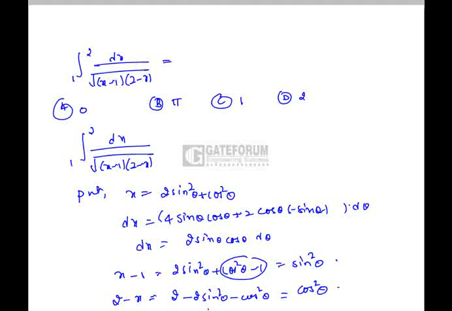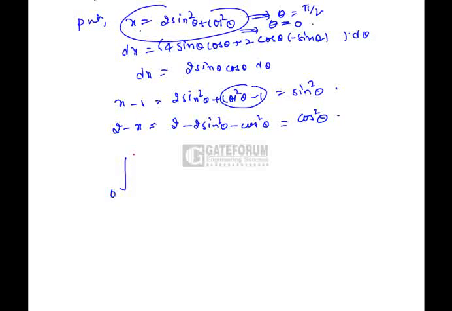And for the limits, if I substitute x as 2, then the value of theta will be pi by 2. And if I substitute x as 1, then the value of theta will be 0. So the lower limit changes to 0 and the upper limit to pi by 2.